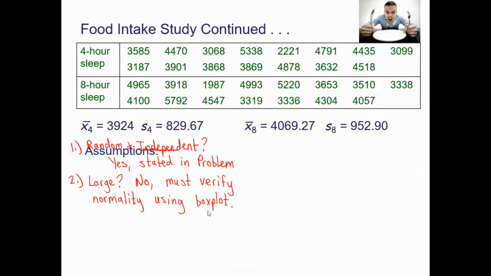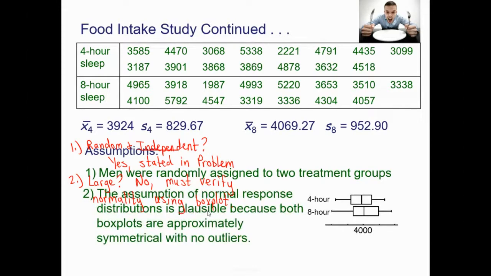They're kind of wordy, so I just tried to keep it short. And then you draw this box plot over here. There's your box plot. And then you could say they're approximately symmetric, so it's safe to assume normality.